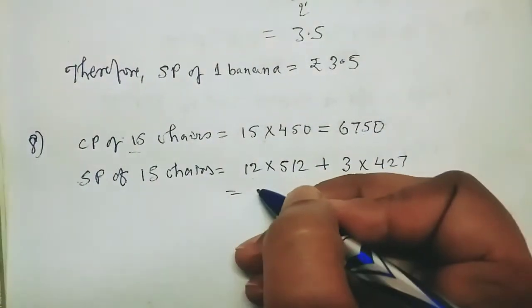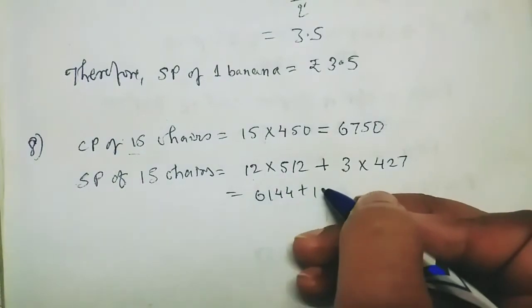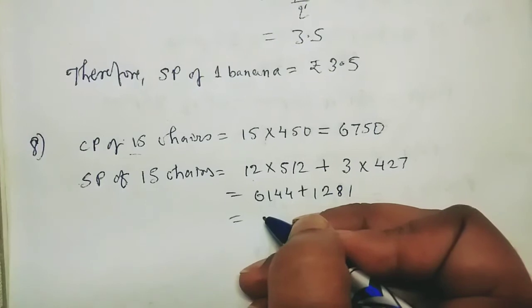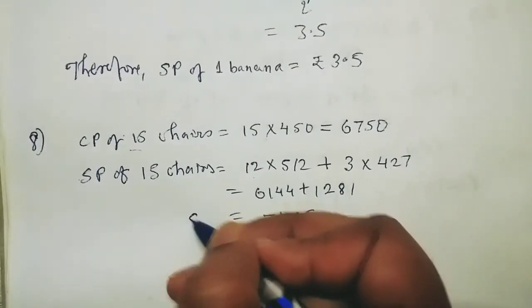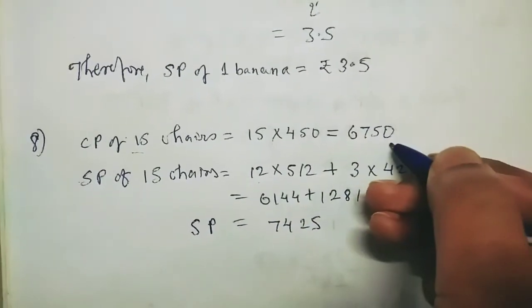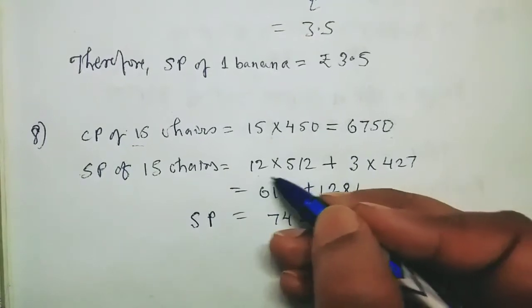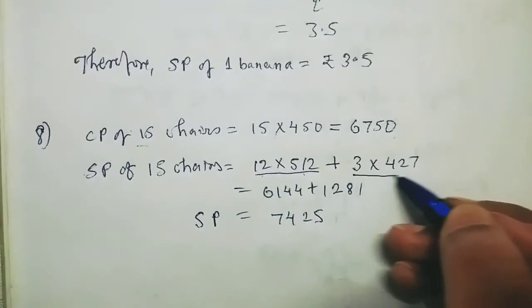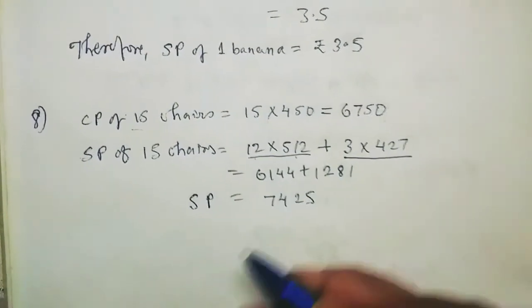Okay, now this will be 6144 plus 1281 when you multiply this. So total is 7425. So this is the SP of 15 chairs, and this is the CP of 15 chairs. Understood how to find the SP? Because 12 chairs at 512 rupees and 3 chairs at 427 rupees. So you have to multiply and then add the total.